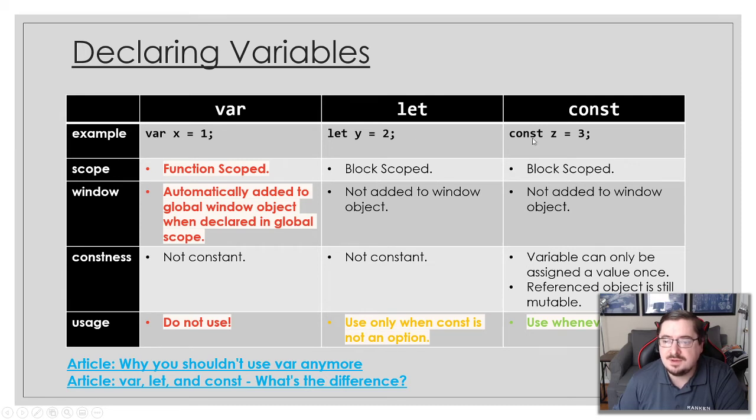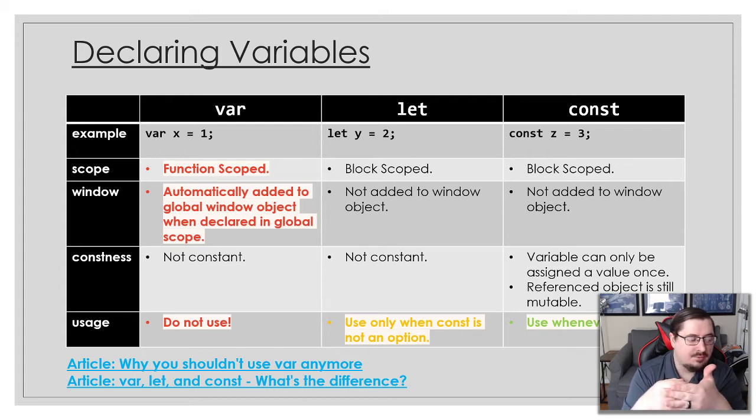And then last up is const. So const and let are very similar. They're both block scoped, which is great. Neither of these are added to the window object. Good. However, const can only ever be assigned once. So once I give that const variable a value, I can't give it another value.